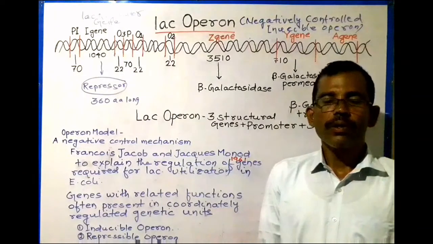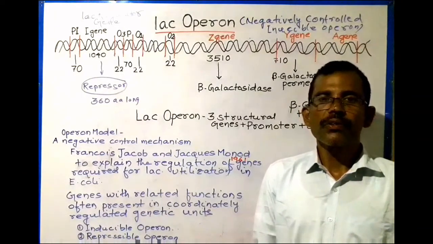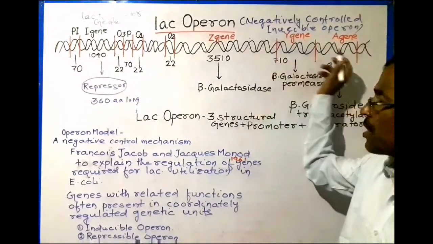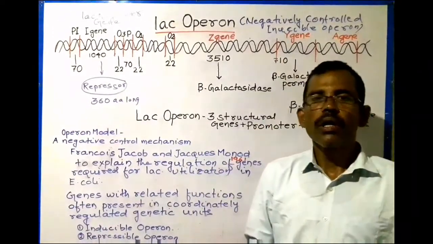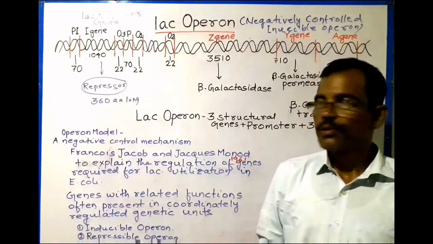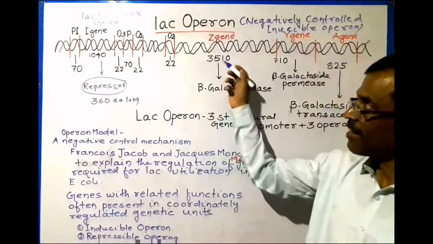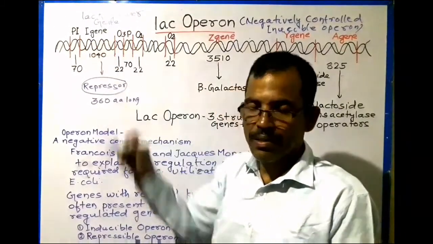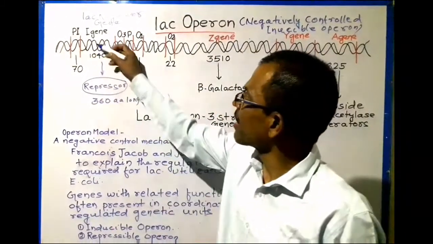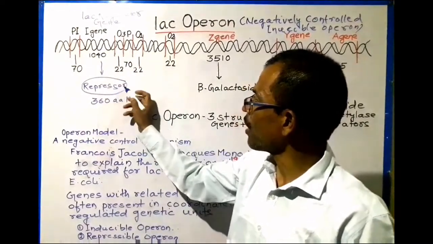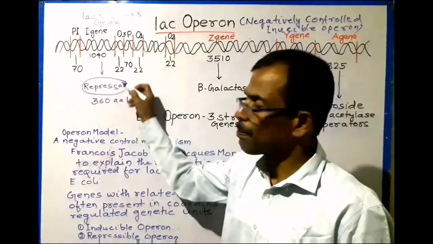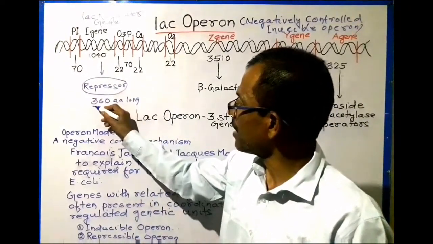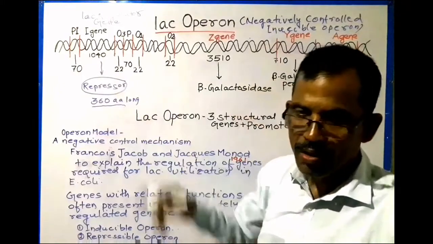The LAC operon is a negatively controlled inducible operon because these three structural genes are expressed only in the presence of lactose. The LAC operon is under the control of a regulatory gene known as I gene. The I gene encodes a protein known as repressor protein. This repressor protein is 360 amino acid long.